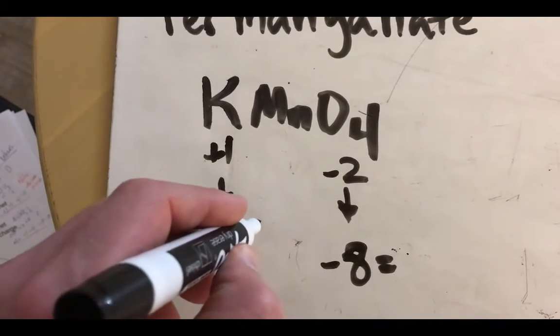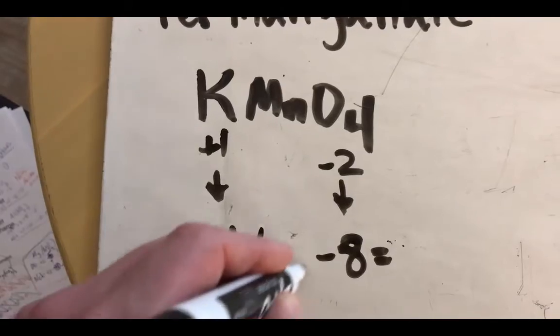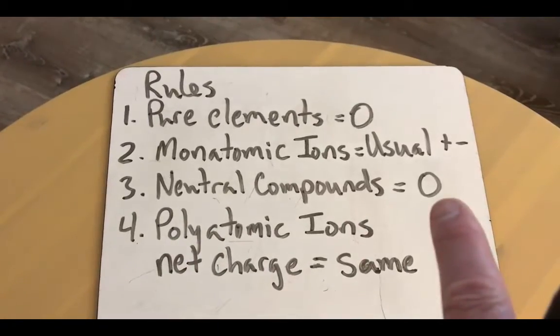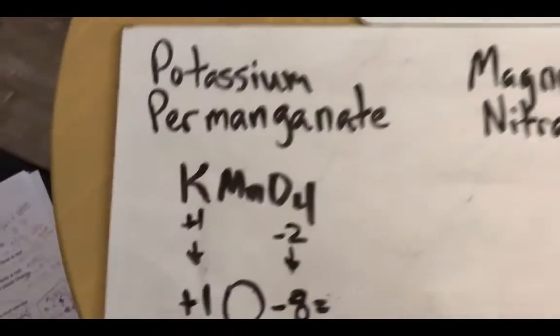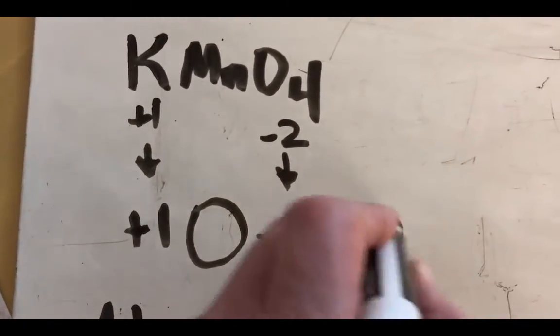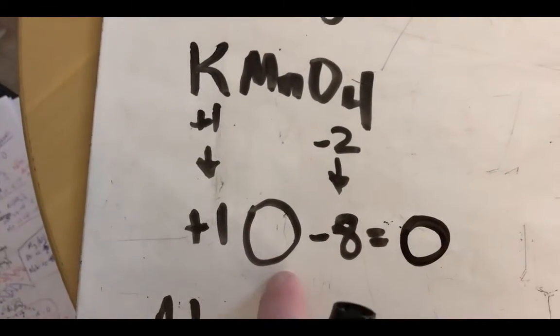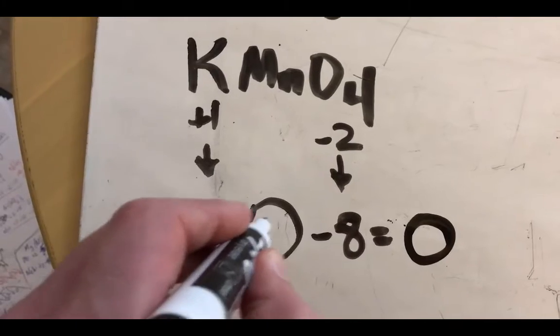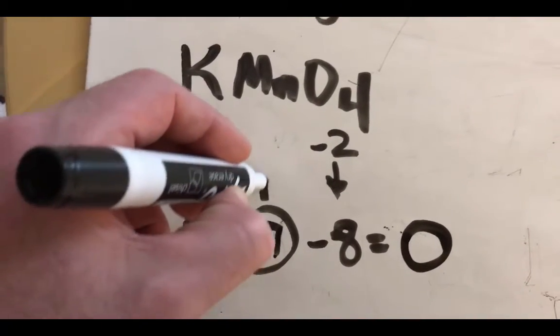So what has to go here? If I go to my rules, it's a neutral compound, so this must equal 0. If this has to equal 0, what number does this have to be for this to work out? Obviously that's a +7, so we work backwards.